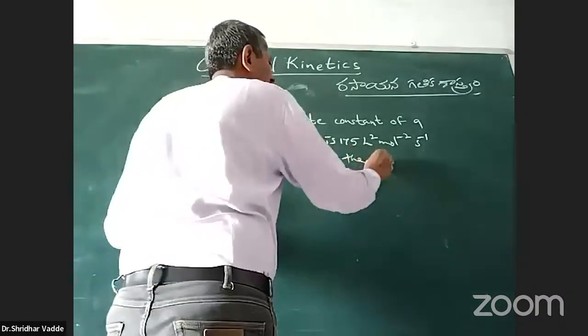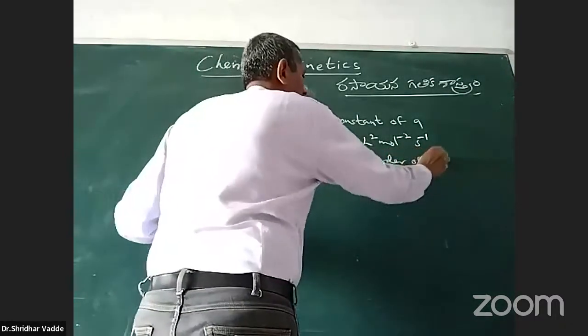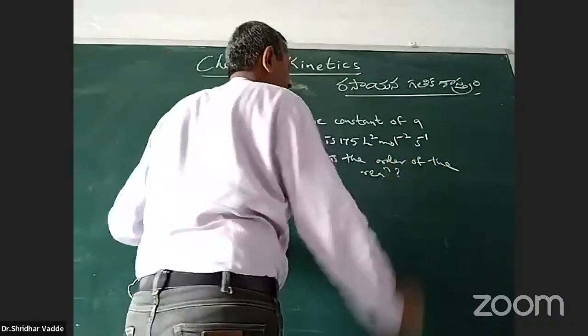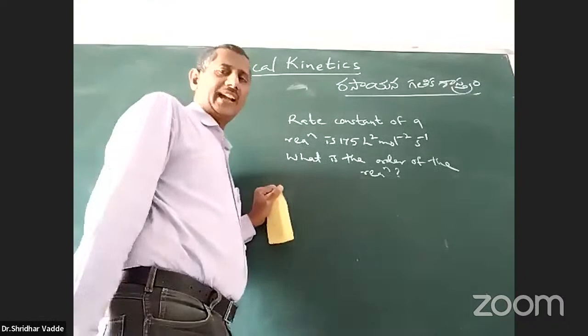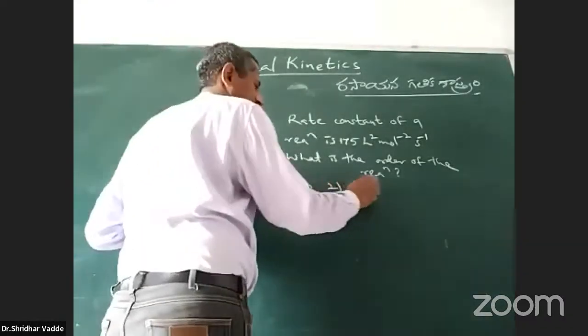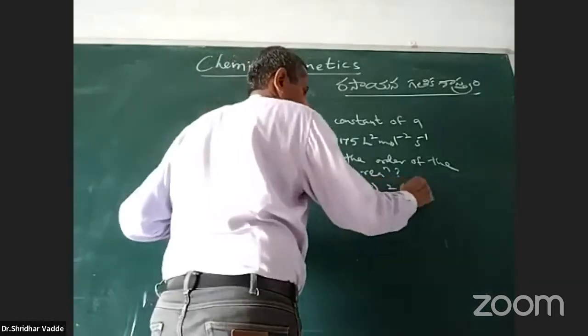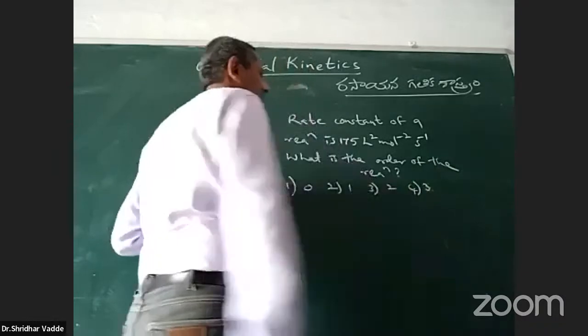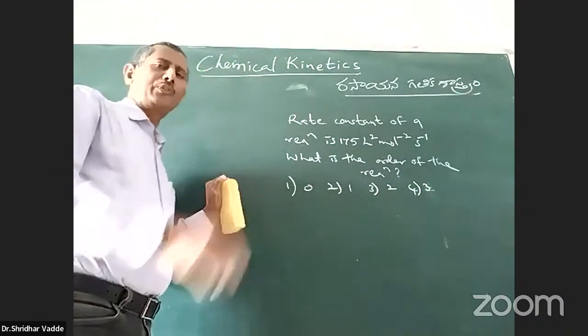What is the order of the reaction? How do we do this problem?